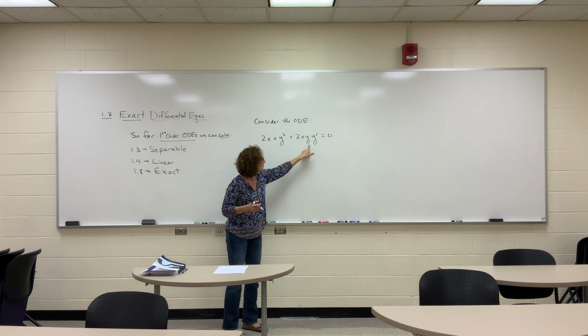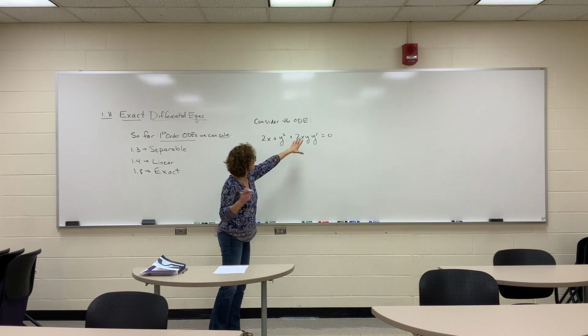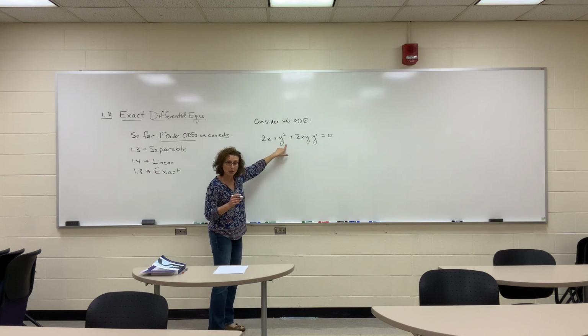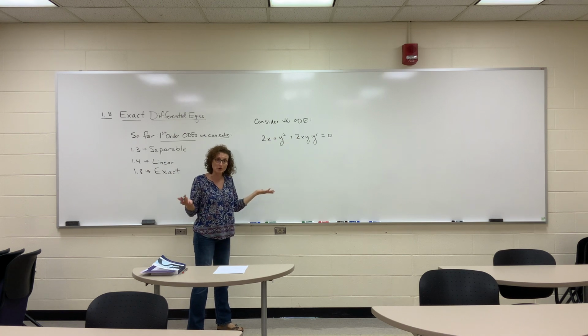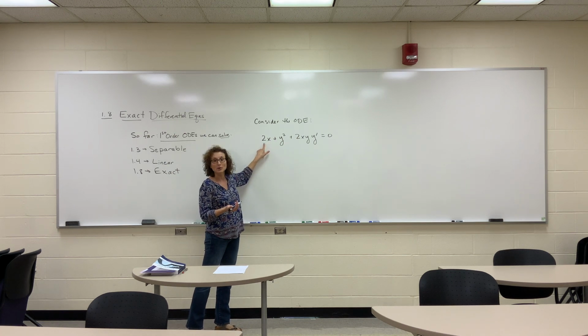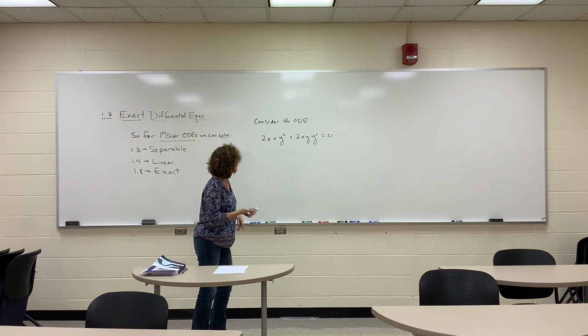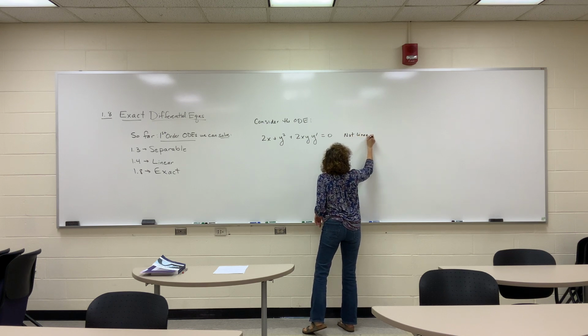Y prime, well, if we divided by y, you might be like, oh, wait a minute, if we divide by y, then we'd be okay here, and we'd be okay here, but we'd have a 2x divided by y, right? That's not linear in y. That's a y to the -1, right? So, no, not linear, yeah? So this guy is not linear, okay? So that method is not gonna work.